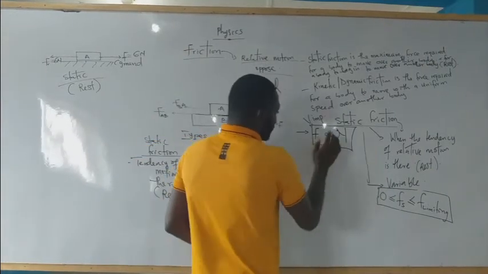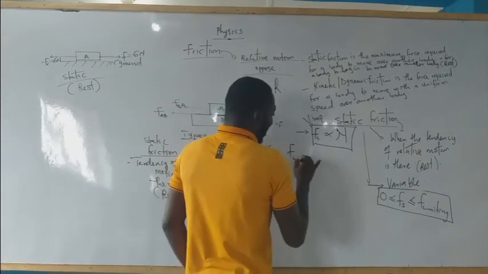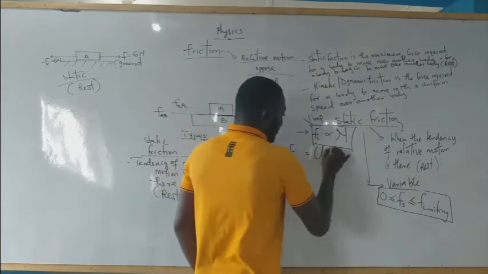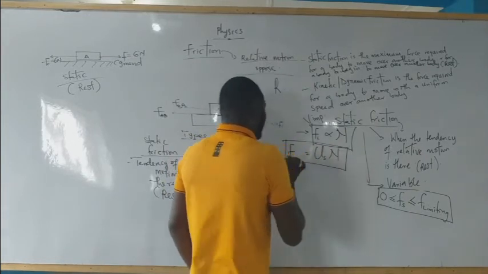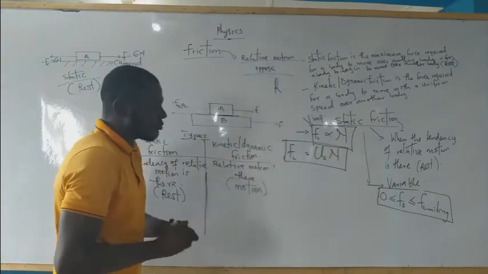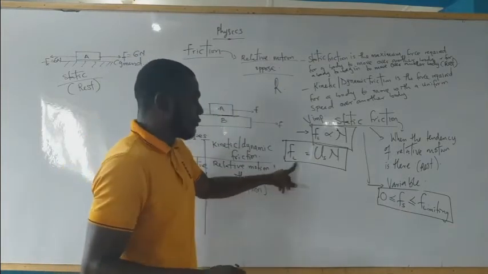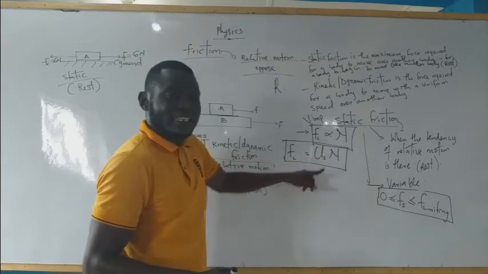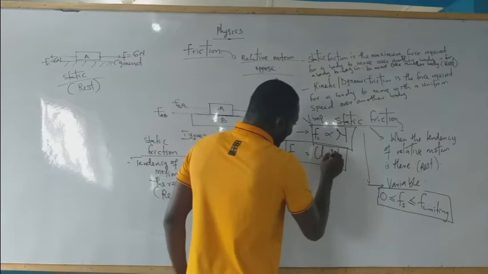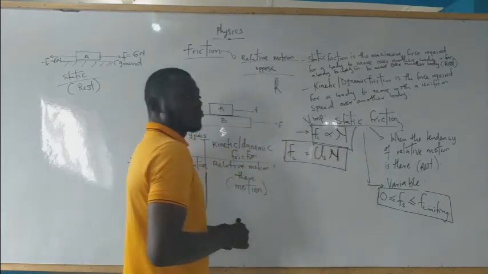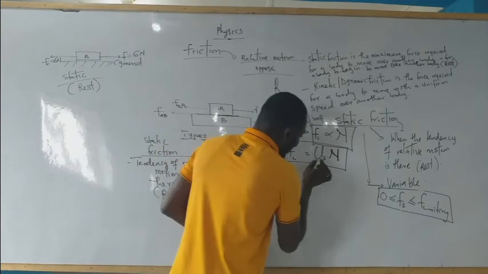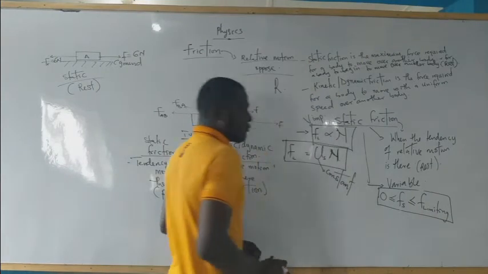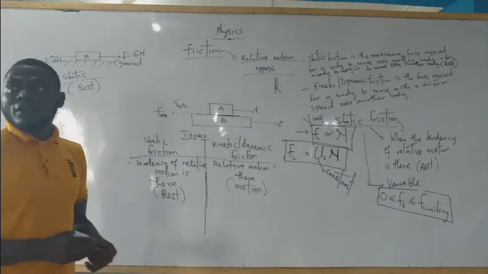From here, to remove the proportionality sign we can have FL equals mu s times the normal reaction. FL, that's the limiting friction, equals mu s, times the normal reaction. Mu s is constant, very constant.